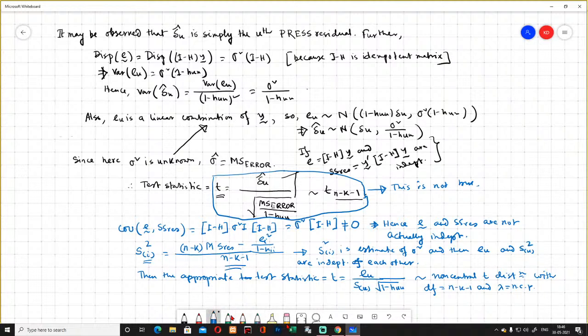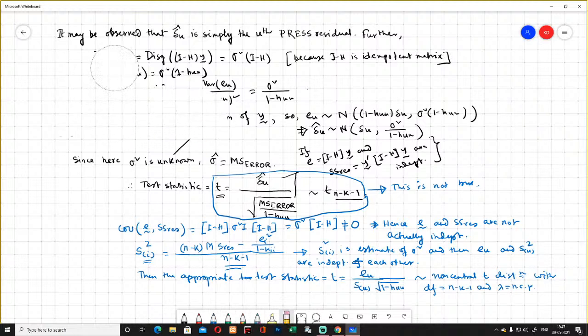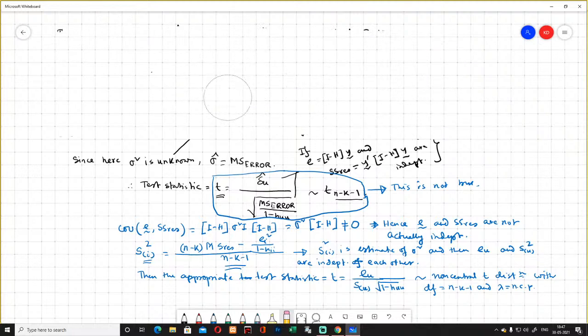And where lambda is equal to delta_i by sigma root over (1 − h_ii), which is delta_i root over (1 − h_ii) over sigma.